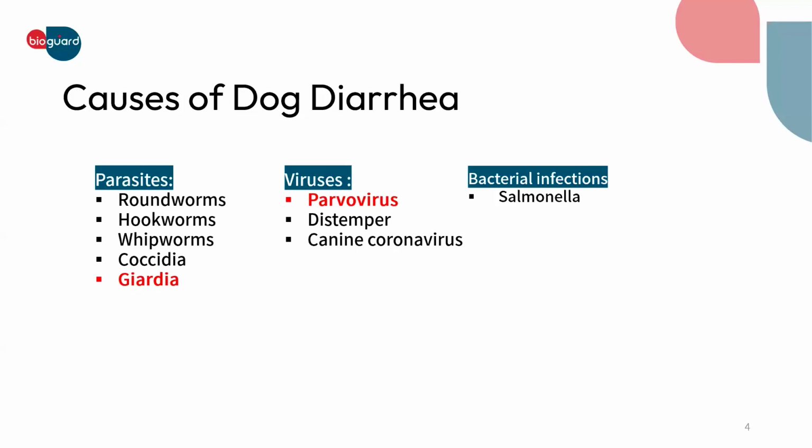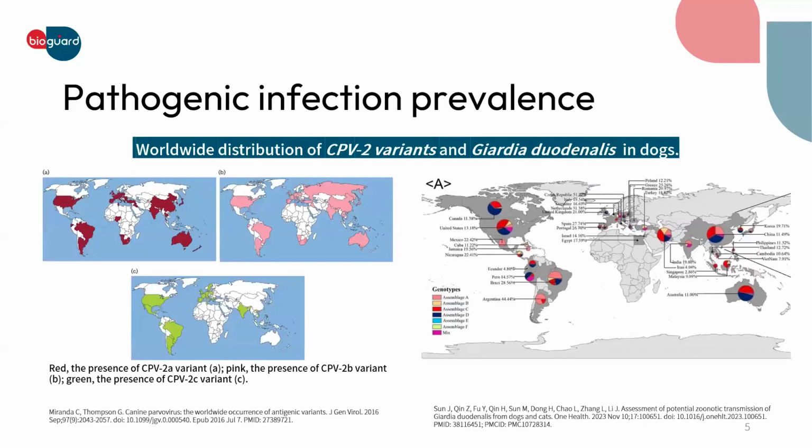So today we saw that most of the pathogens that are causing diarrhea are actually prevalent throughout the world. For example, canine parvovirus or Giardia has been seen as one of the most prevalent infectious diarrhea issues throughout the world.